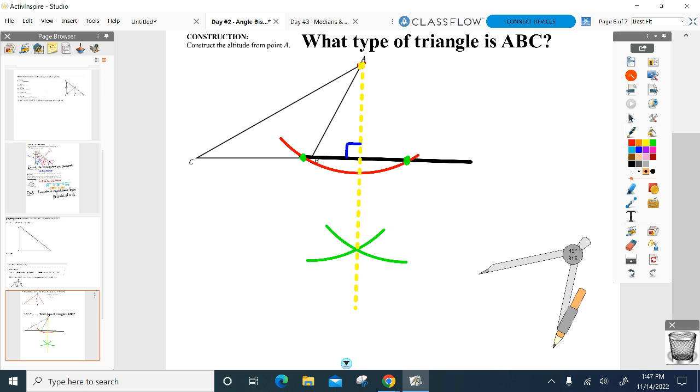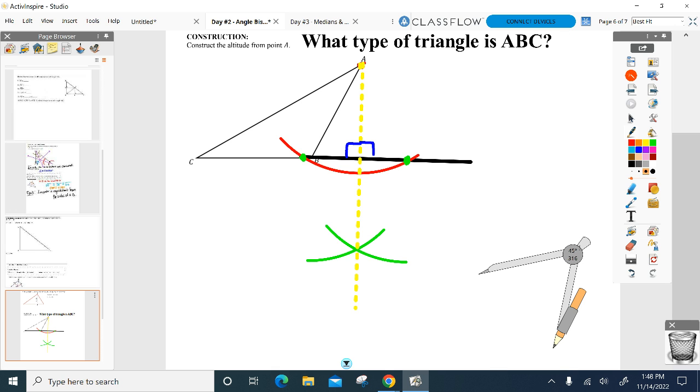Should we put right angles there? Because it forms a right angle. So when I have an obtuse triangle, at least, might be more, but at least one of those altitudes will be on the outside.